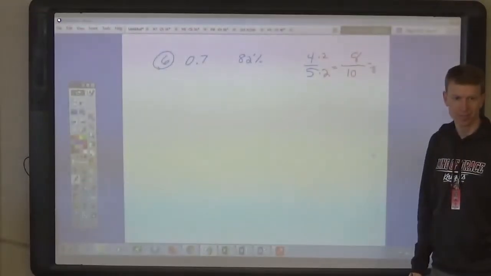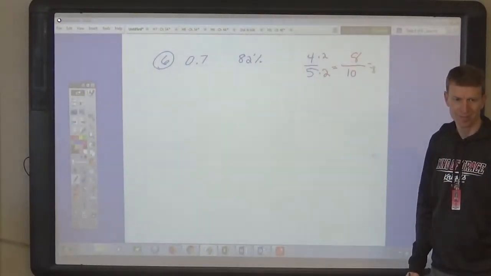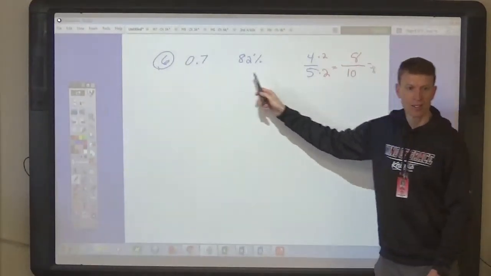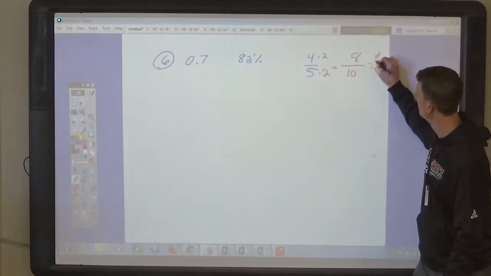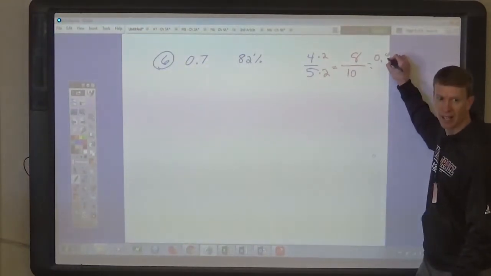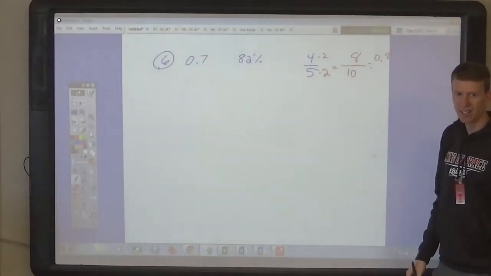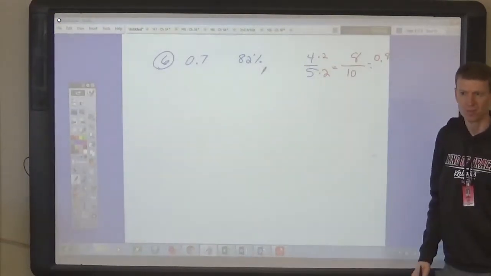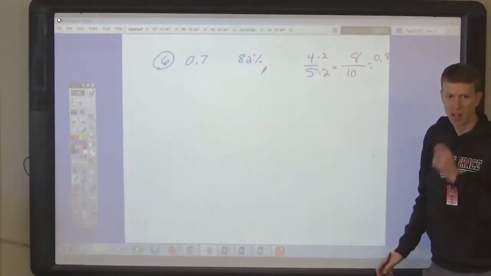And then what is that as a decimal? 8 tenths. This is 7 tenths. So this would be 0.8. Okay? And what would this be as a decimal? 82%.